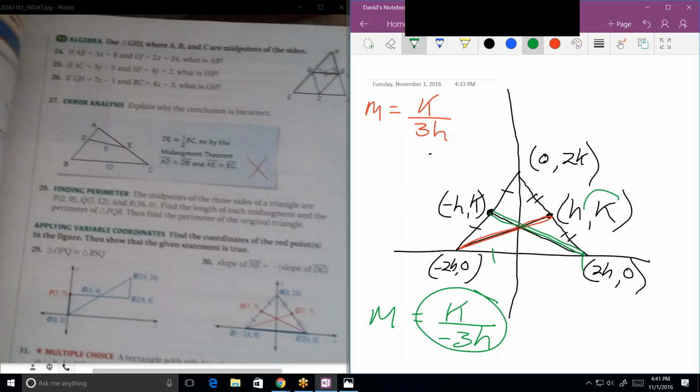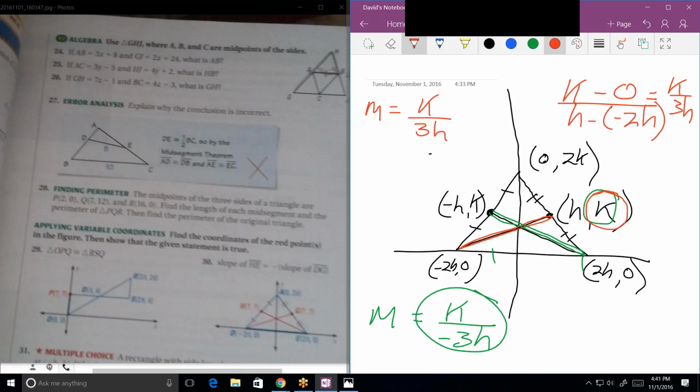If we're going to go this direction, you can always go any direction, but if I'm going to do k minus 0, then I got to do this part is h minus a minus 2h. So h minus a minus 2h, and that's how I end up getting k over 3h.